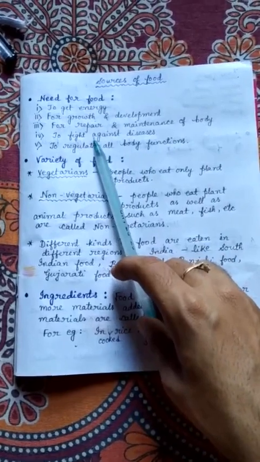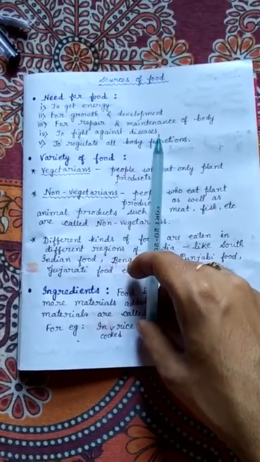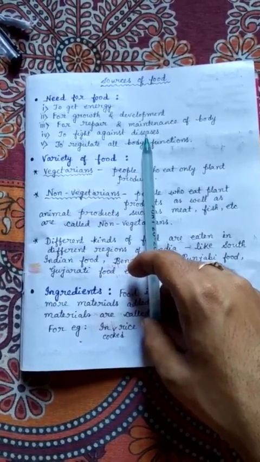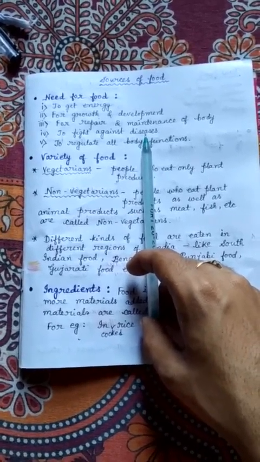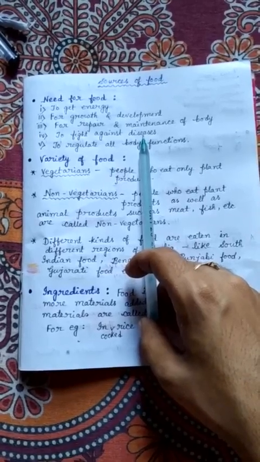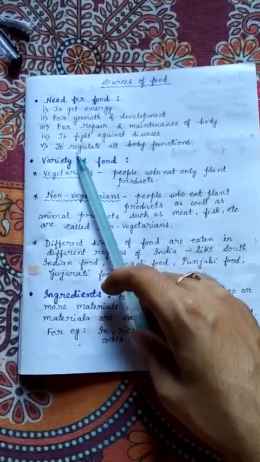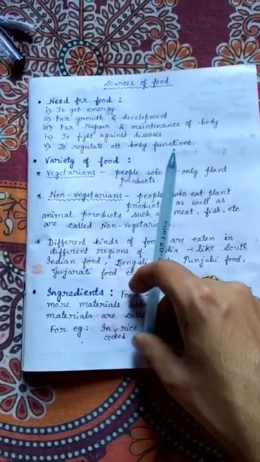Number 4, it also helps to fight against different kinds of disease. As I already said, food contains different kinds of vitamins and minerals, which help to overcome these diseases and maintain our body properly. And last one is it also helps to regulate all our body functions.